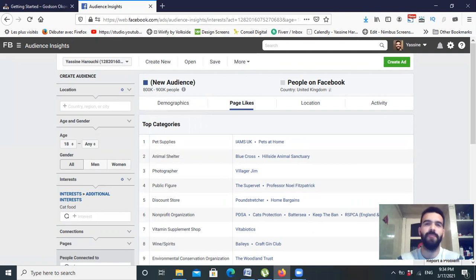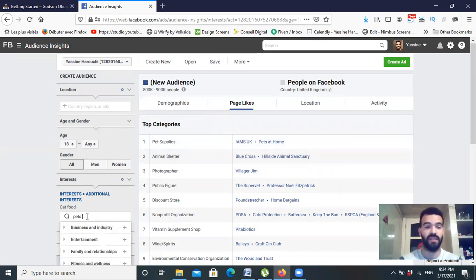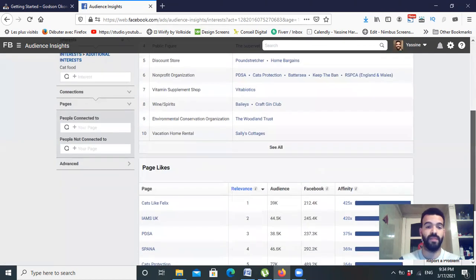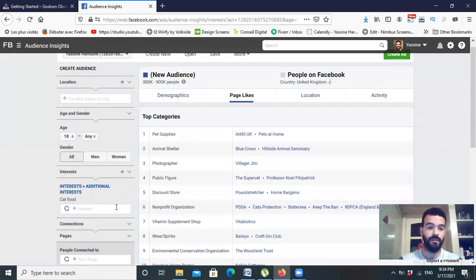But the downside of this method is that it takes a lot of time, and whenever you get to Facebook ads and you want to type those keywords, generally most of them are non-targetable. In other words, if you pick up those keywords and put them in the interests, you're not going to find them. Let's say Pets at Home, you can find it here. Let's say cats like Felix, you can find it.